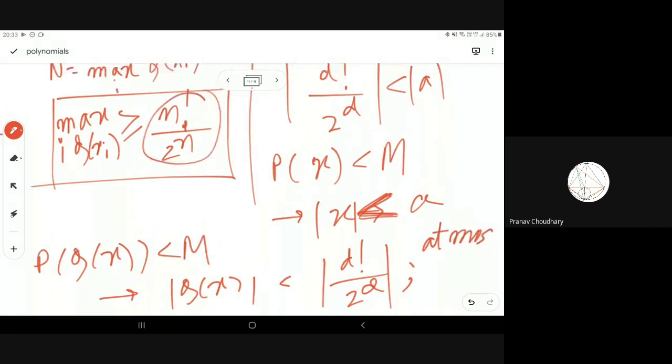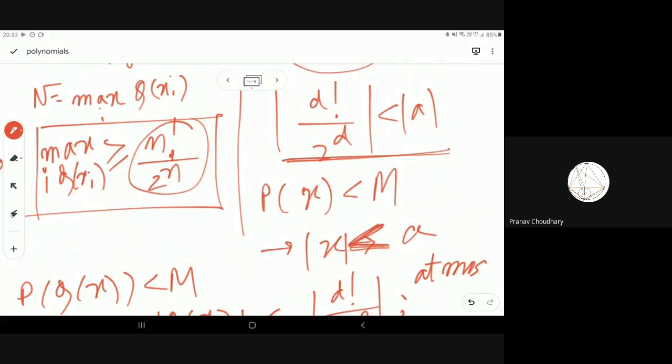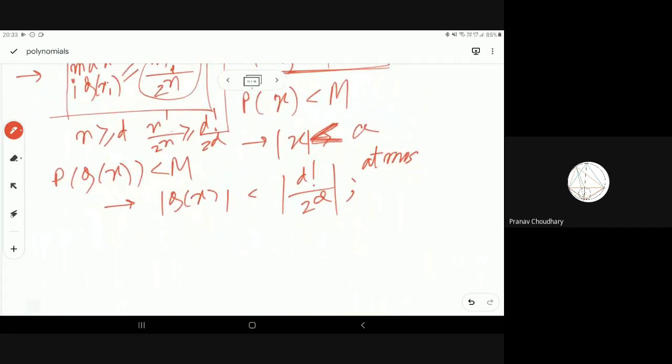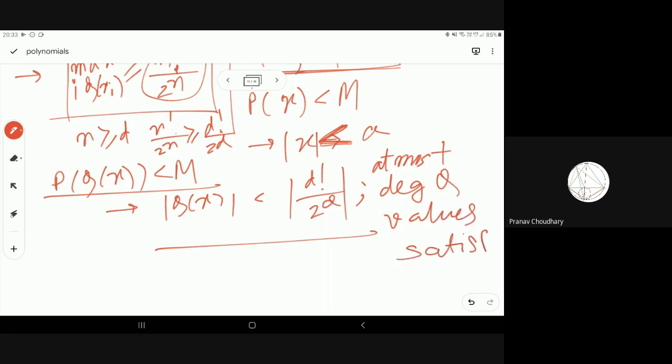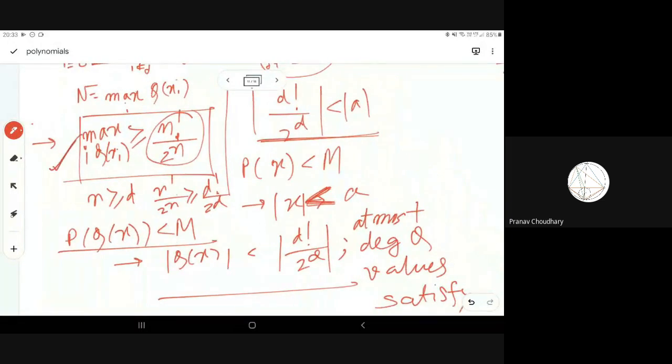So if you take d to be this, and if n is at least d, then n factorial by 2 to the n is also at least d factorial by 2 to the d, right? So at the end, for this inequality to hold, you need mod of qx to be at most d factorial by 2 to the d, right? And by the previous argument, we know that at most degree q values satisfy, because if you take one more than degree q, then you would have this happening.